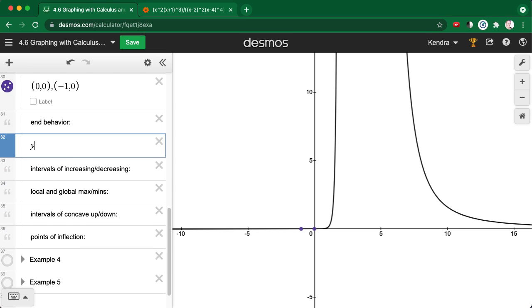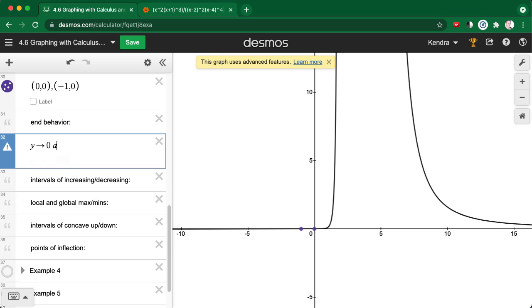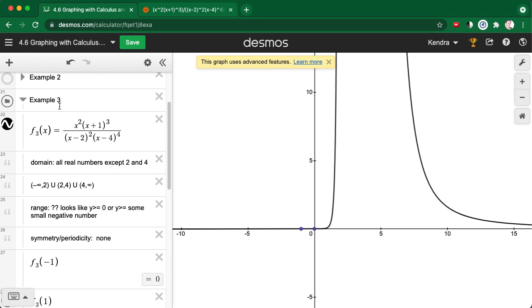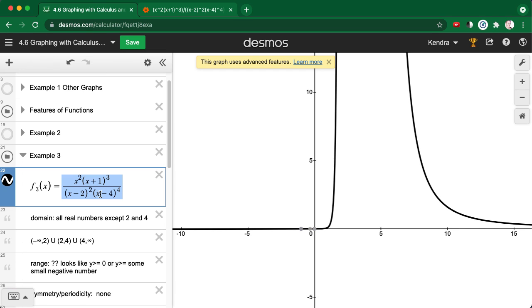So y goes to 0 as x goes to plus or minus infinity. Okay. And, you know, if you want, you can double check, confirm that using Wolfram Alpha.